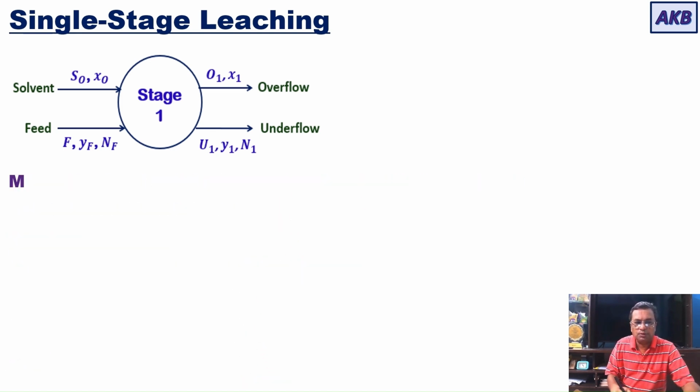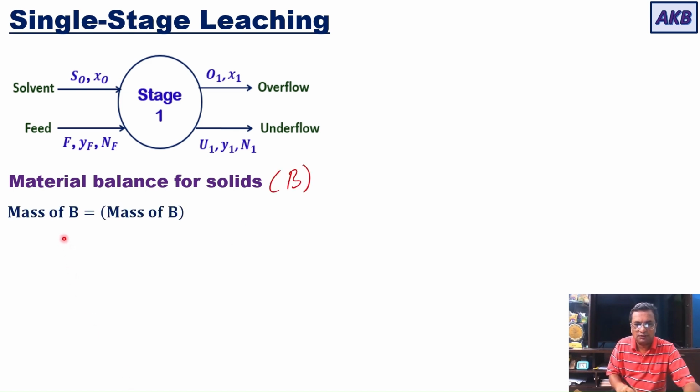Okay, now let us look at the material balance for solids B. It will be written as mass of B in the system is equal to mass of B in the feed, which is equal to mass of B in the mixture, which is equal to mass of B in the underflow.